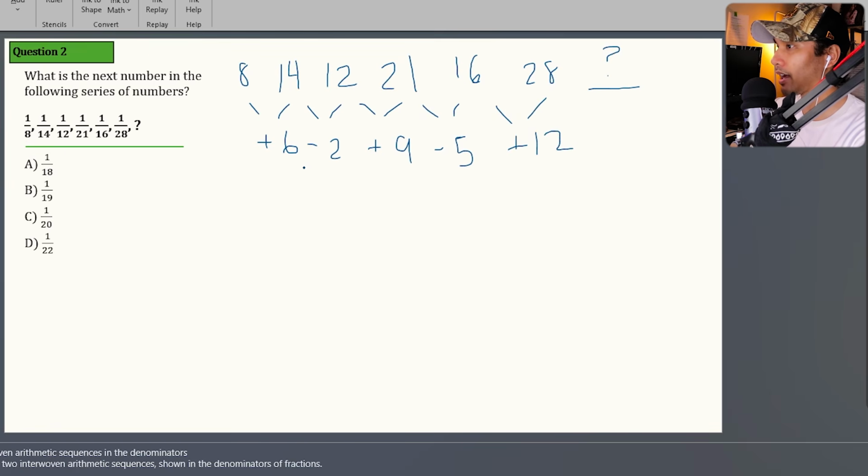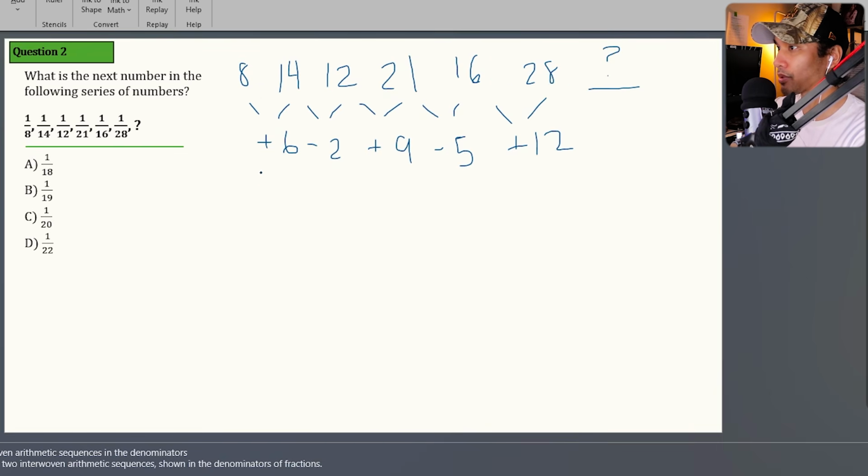I mean, from here I see 6, 9, and 12. There's a pattern going on there. Maybe there's a pattern going on with 2 and 5, -2 and -5. And there is. I see that 3 is common in all of these. So again, it looks like the pattern is interwoven with 2 sequences.